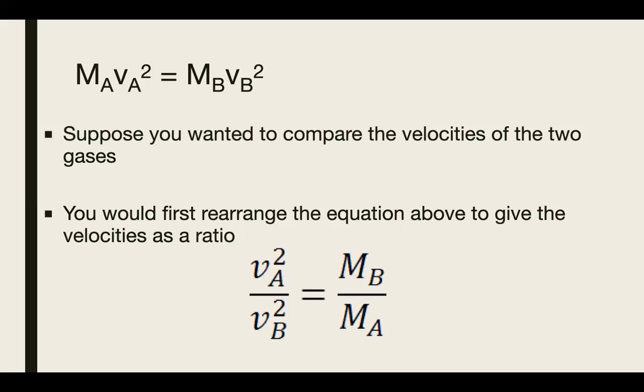Does all of that make sense so far? It's just a bit of algebra, rearranging equations. We're taking the VB and moving it down here, and MA moving it down there, so we can isolate the velocities on one side and create a ratio.